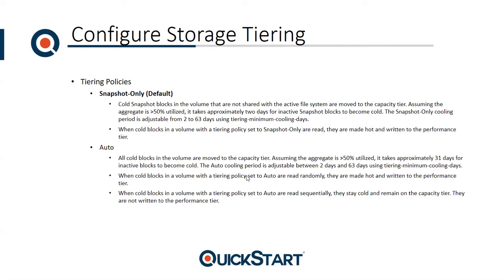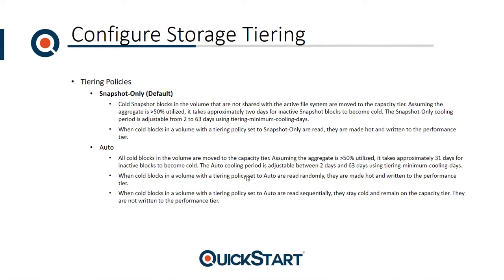Even if that file has been there for 10 years and nobody touched it, it'll still wait 31 days before it moves those data blocks over into the capacity tier. So the timer starts the minute I apply the policy, and I'm not going to see immediate movement of those data blocks.